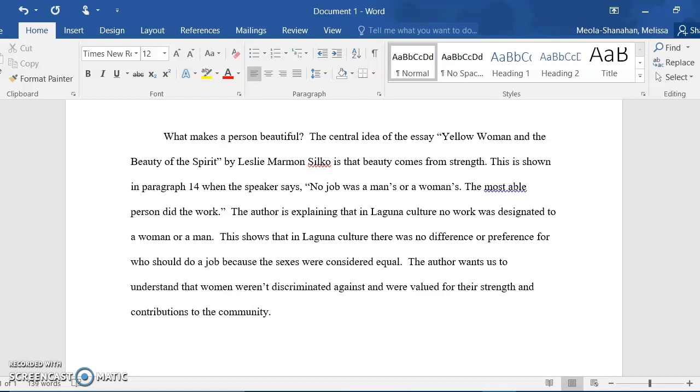Because I want to add back this idea that Shukri said about beauty coming from strength. So the author wants us to understand that women weren't discriminated against and were valued for their strength and contributions to the community.